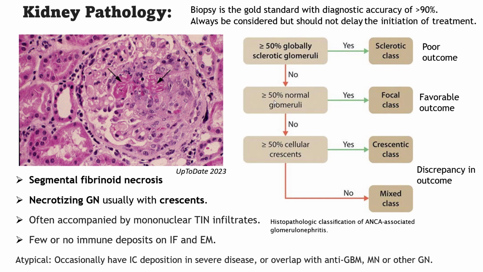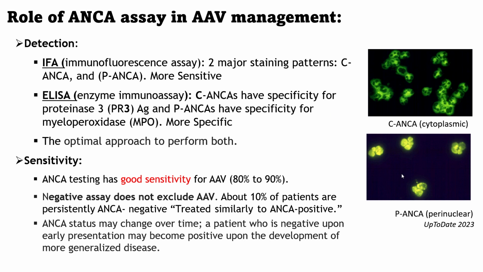If more than 50% of the glomeruli are normal, it is the focal class and it is a good outcome. If more than 50% of glomeruli have cellular crescents, it is the crescentic class. And if you don't have any of these, it could be the mixed class, and there is discrepancy in the outcome of the mixed and crescentic classes.